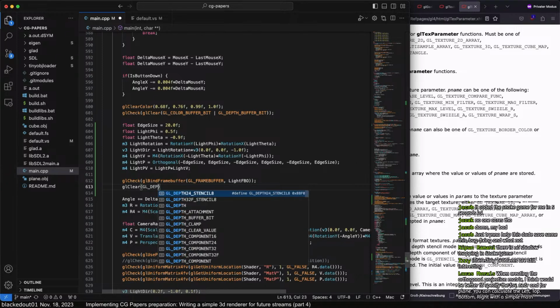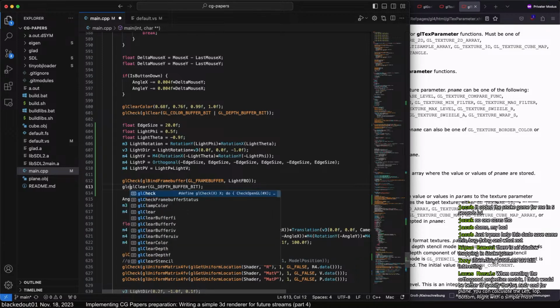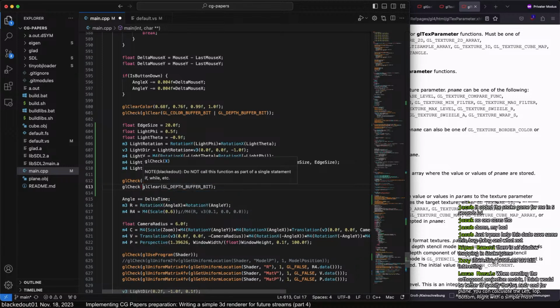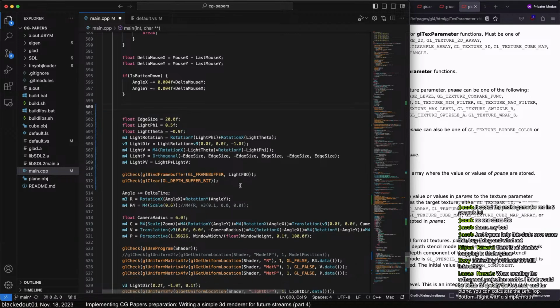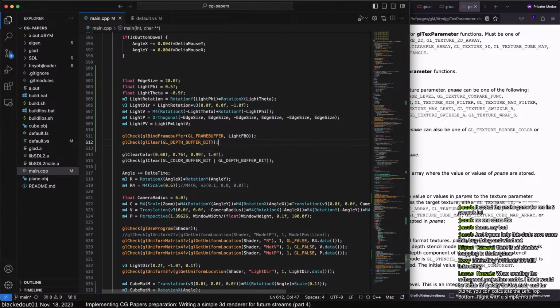Basically, we have to clear the depth values. And another thing, so let's move this, which is basically the stuff for our actual draw call. Move this down here.